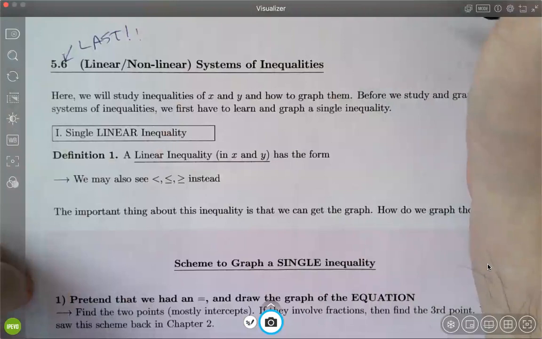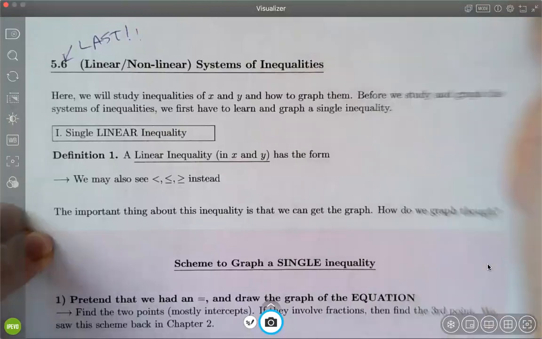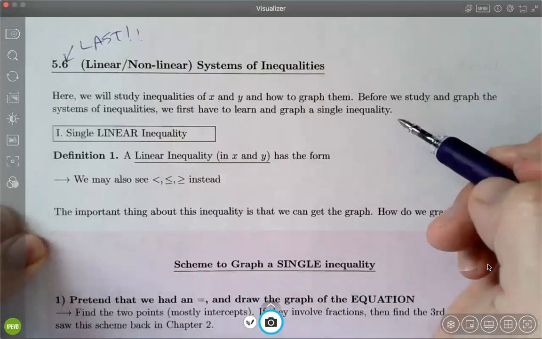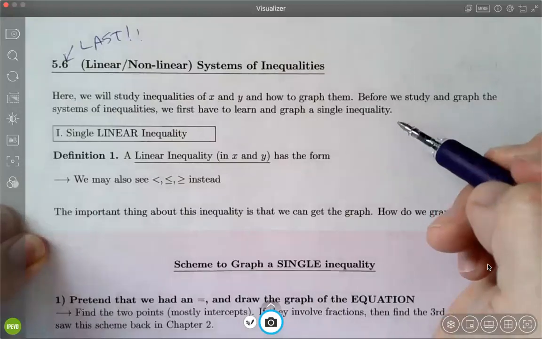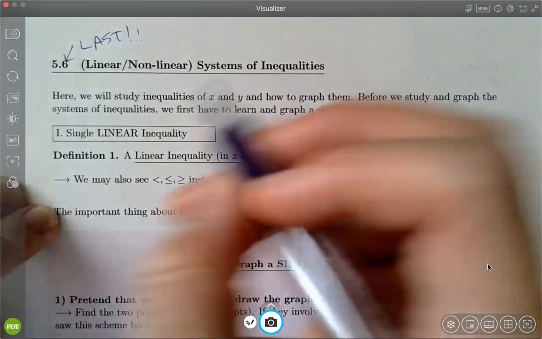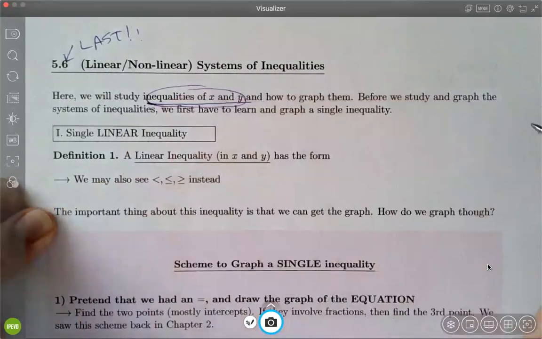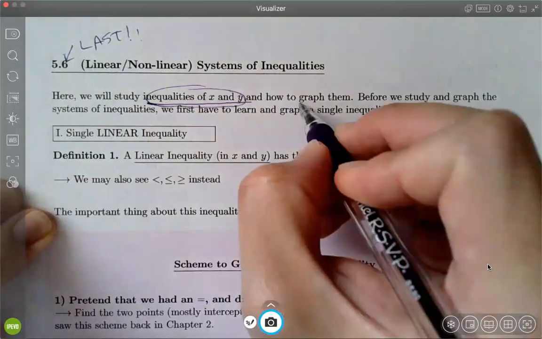Now we saw systems of equations before, but before we study systems of inequalities, we have to look at the inequalities first. Now you might say, we have seen inequalities before, back in chapter 1. Well, yes, but that only had one variable x. Now, what about here? Inequalities of x and y. And then the thing is, we can graph it.